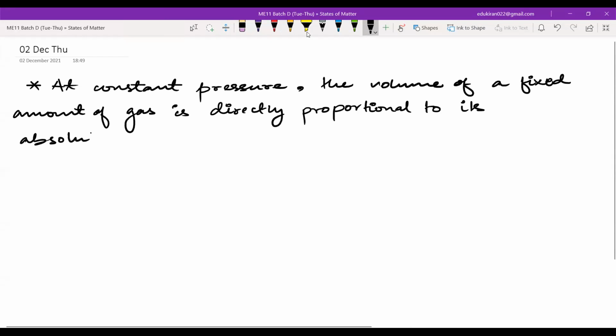Please remember that this is absolute temperature, not degrees Celsius. Absolute temperature means the temperature in Kelvin scale.